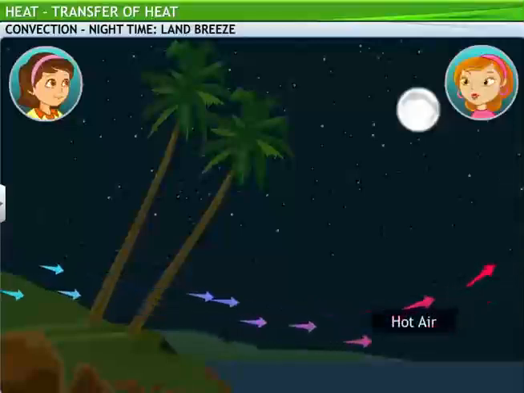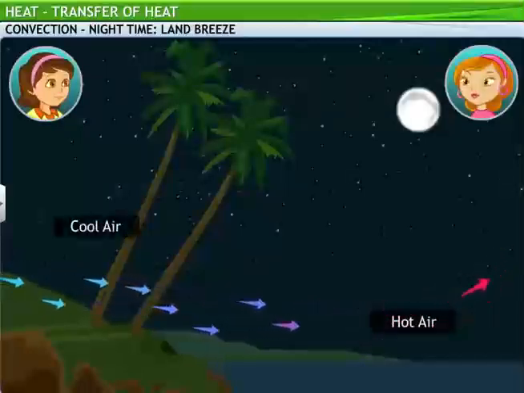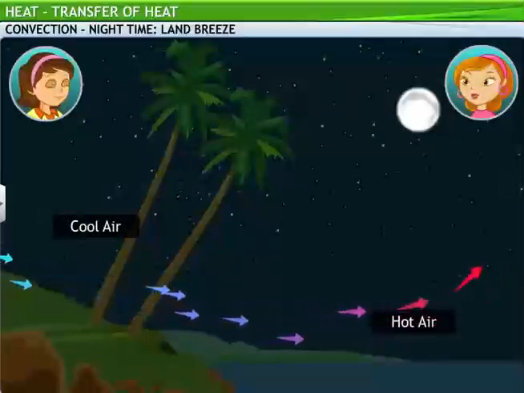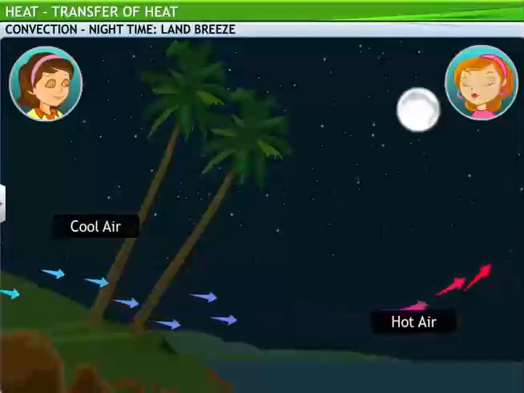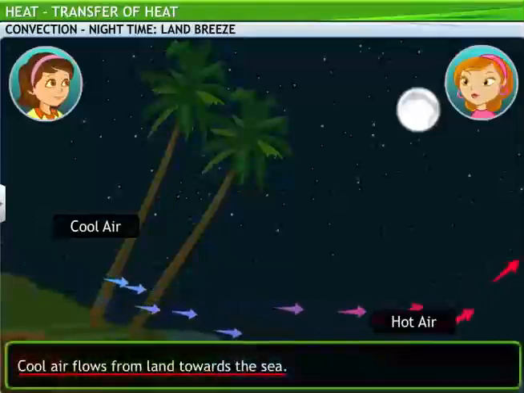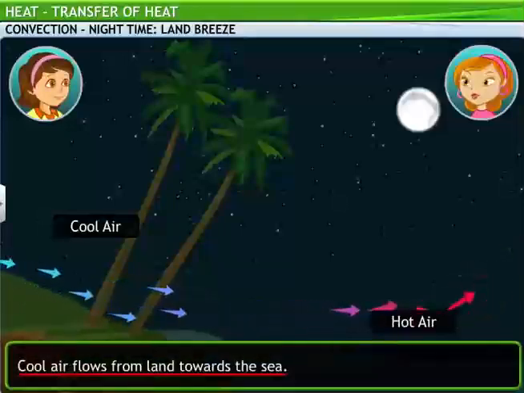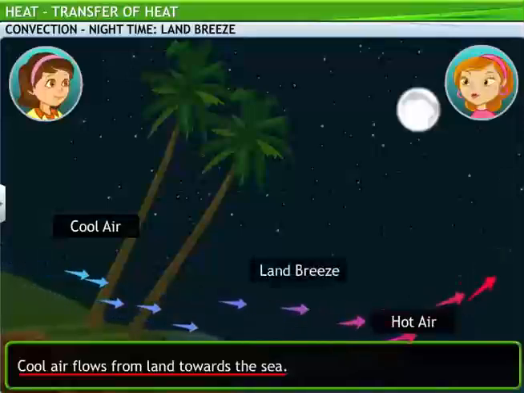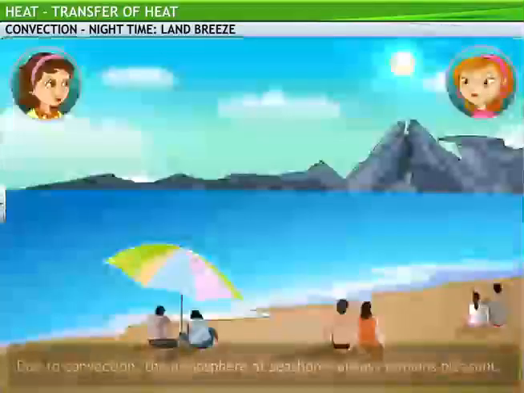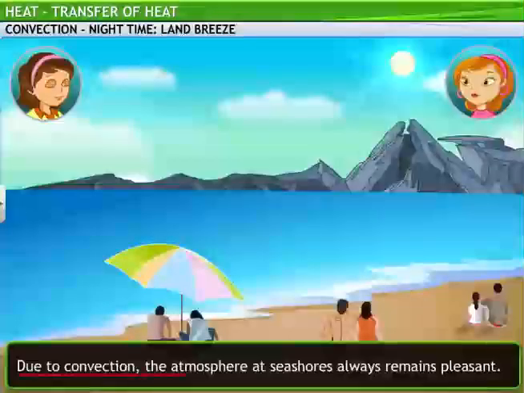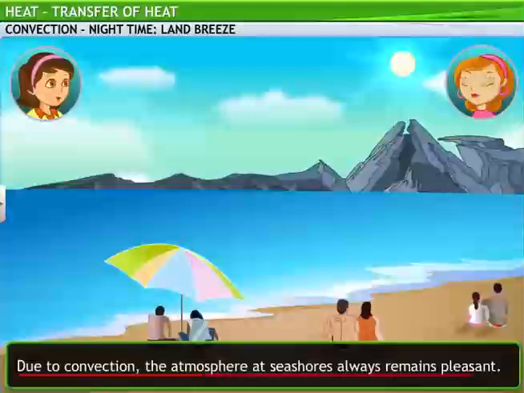As the hot air over the sea rises, cool air from the land rushes into the sea to take its place. The cool air that flows from land towards sea is called land breeze. Oh, so due to convection, the atmosphere at the seashore always remains pleasant.